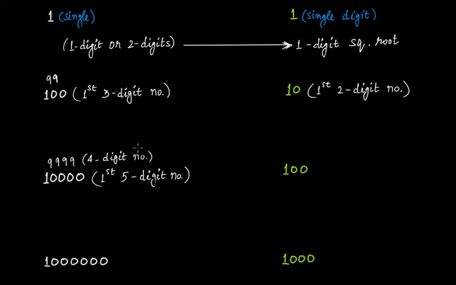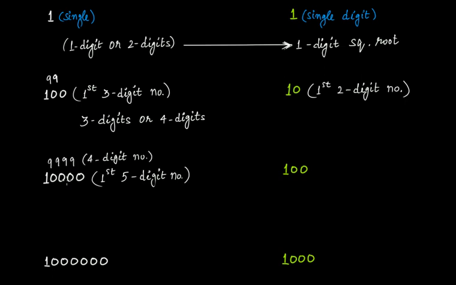It means that from 100 to 9,999, the square numbers that come between these two numbers, including 100 and 9,999, will have either three digits or four digits, because this is the largest four-digit number. So three digits or four digits.